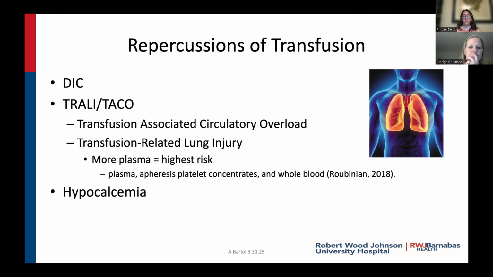Interestingly enough, patients that get whole blood are at a little bit higher risk for TRALI just because of all the coag factors it has. And if the blood that is donated was from a previously pregnant person, the transfused person has a higher risk of getting TRALI as well, just because that blood already had antibodies in it.